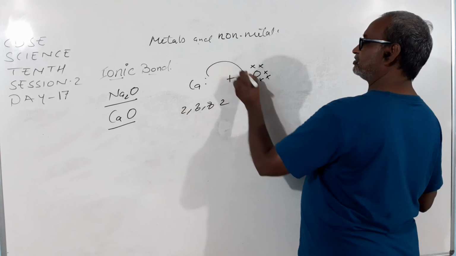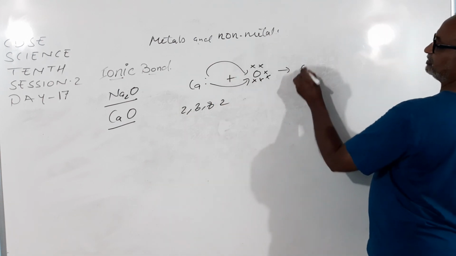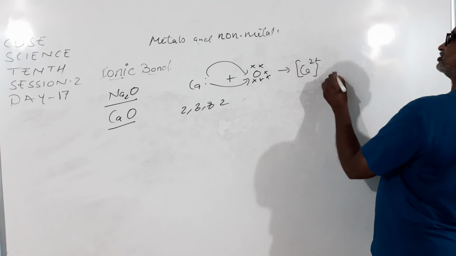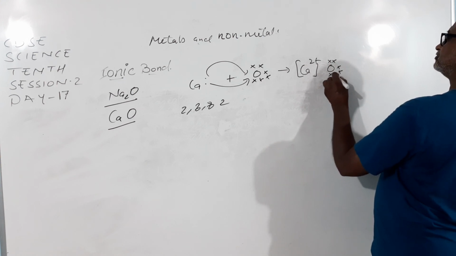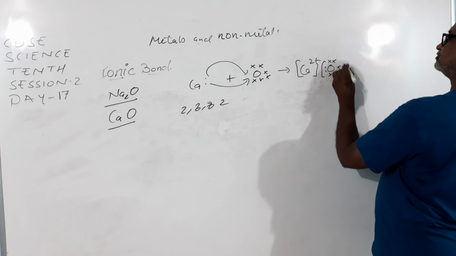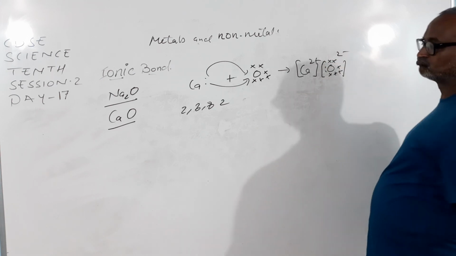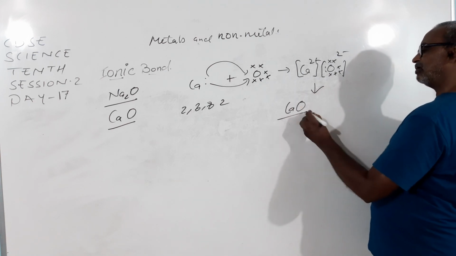So calcium atom transfers its 2 electrons to oxygen atom, and this results in the formation of calcium cation with 2 unit positive charge and oxide ion. Result, compound calcium oxide.